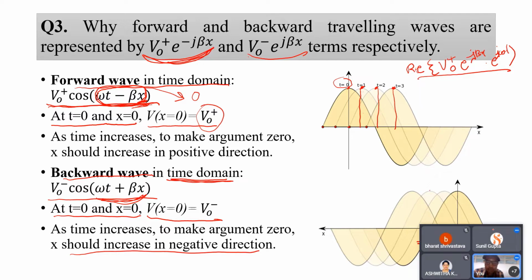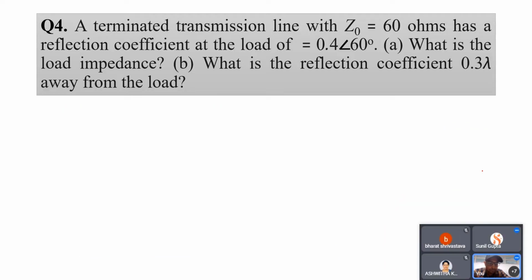Okay, let us go to the next question. Here is the next question. A terminated transmission line of characteristic impedance Z naught equal to 60 ohm has a reflection coefficient at the load of 0.4 and a phase angle of 60 degrees.